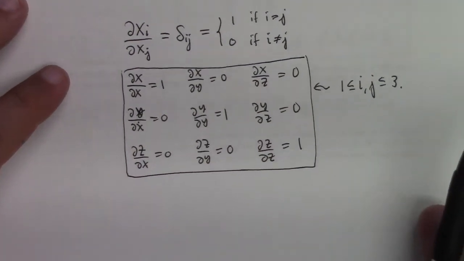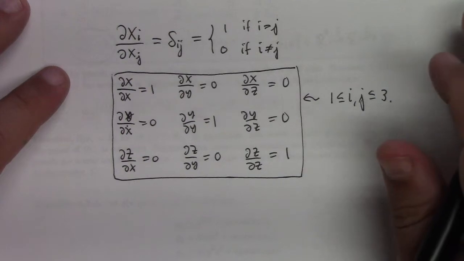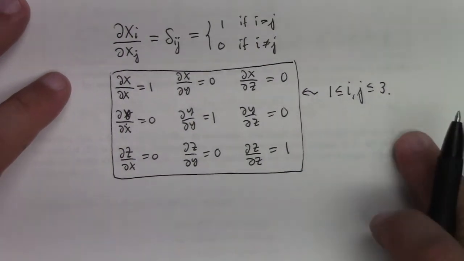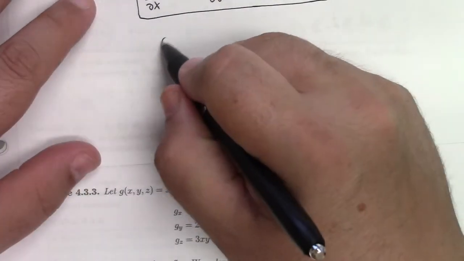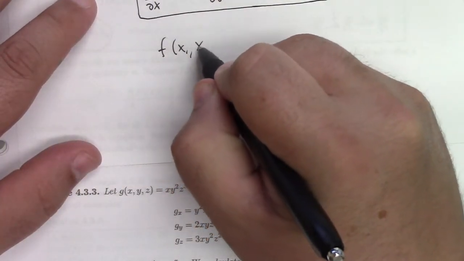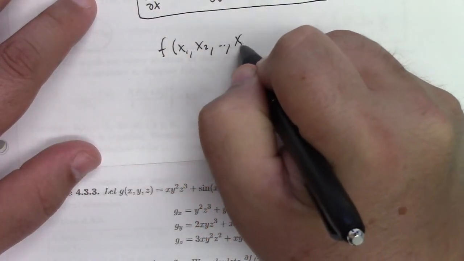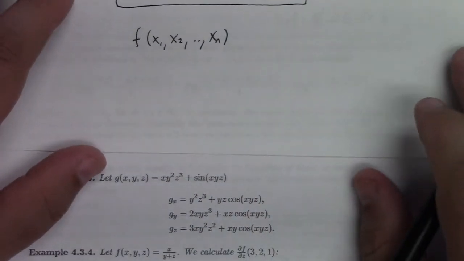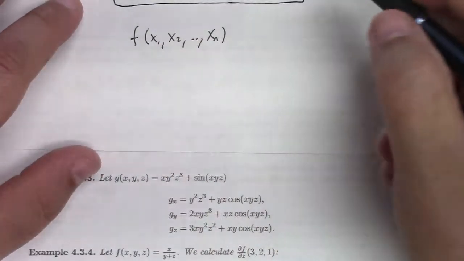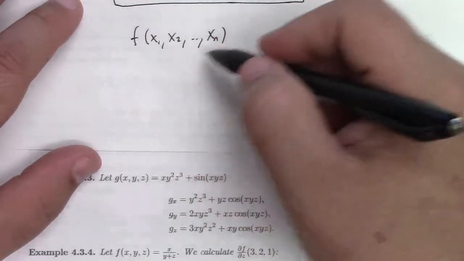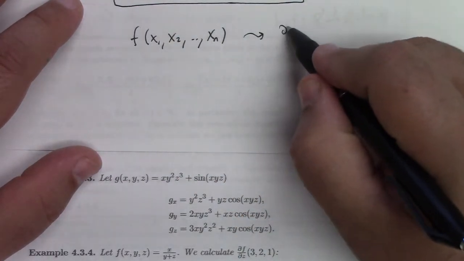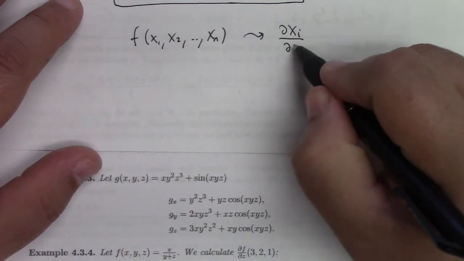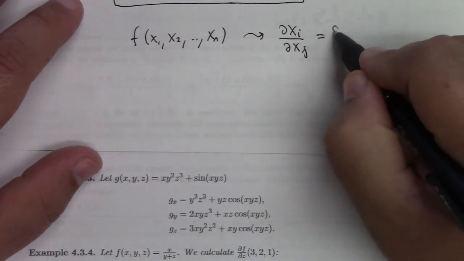The thing is, this relation for partial derivatives is true if we look at a function of n variables, if you looked at a function of x1, x2, up to xn like that, we could do that next, and then you can define partial derivatives of such functions. In that context, it's still the case that partial xi partial xj is equal to Kronecker delta ij.